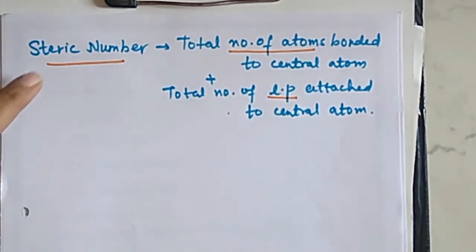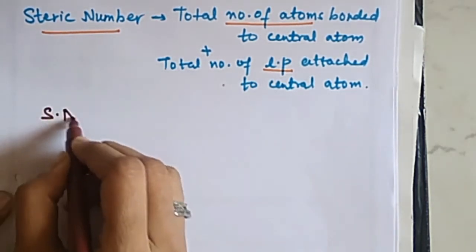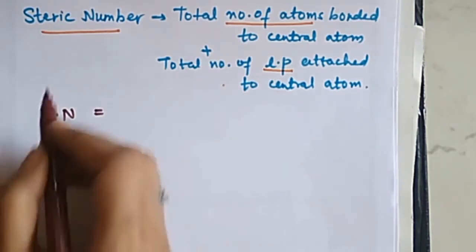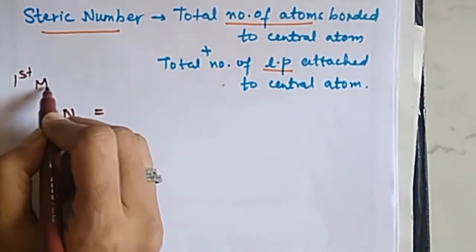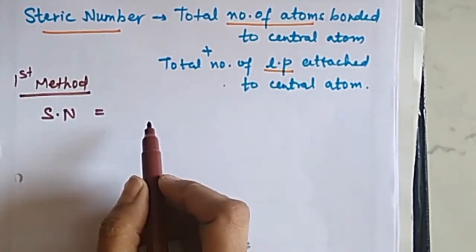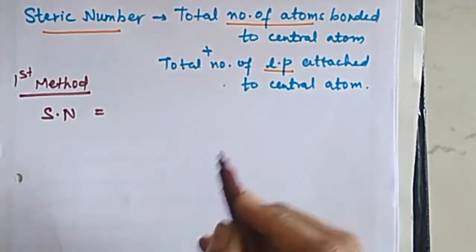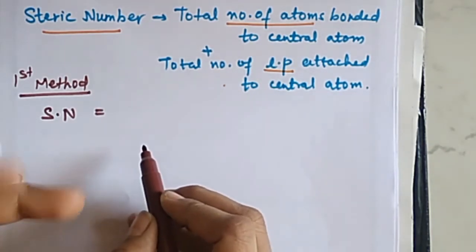For calculating the steric number, we will be using two methods, which give the number, and based on which we can determine the hybridization, the geometry, or the shape of the molecule. The first method, or first trick you can say, is not the regular identification of geometry and shape using the atomic number and all that.